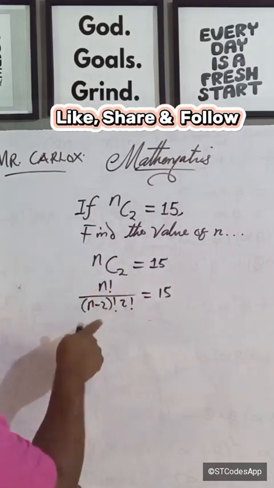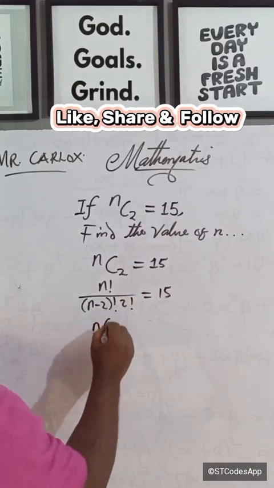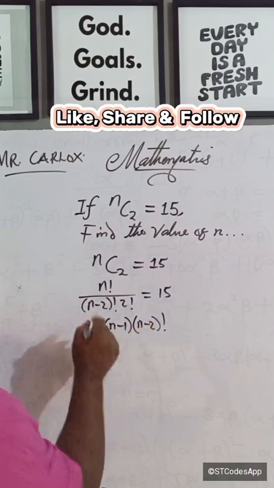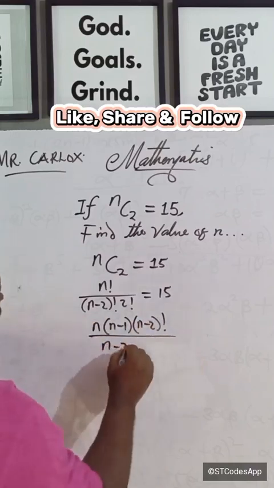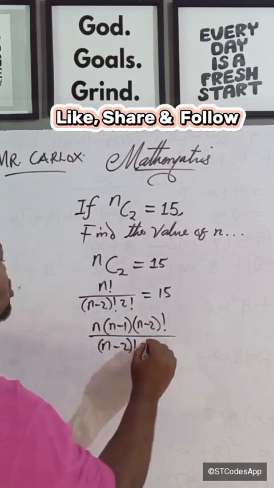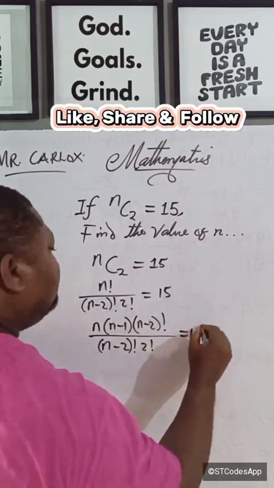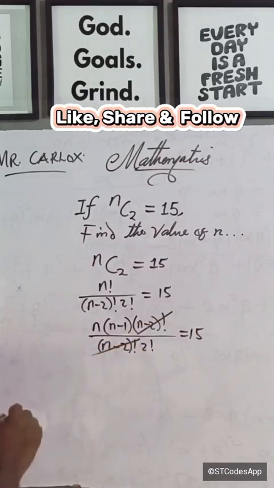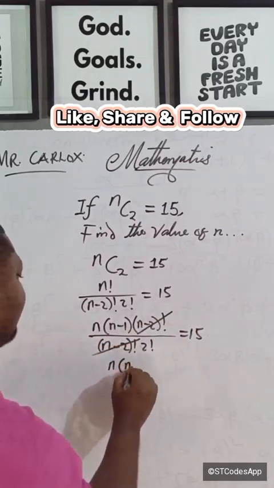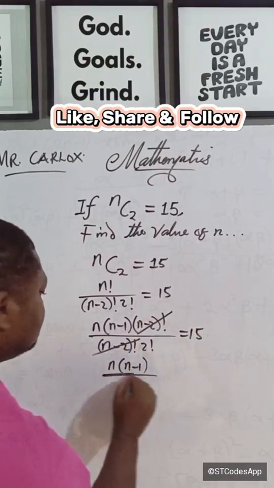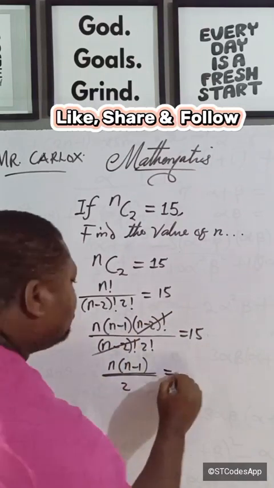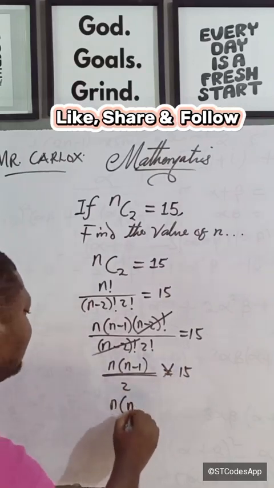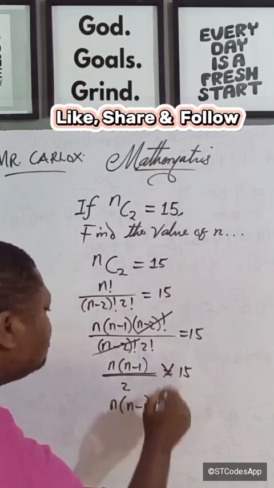Because I have 2 here, I have n times (n minus 1) times (n minus 2) factorial, all over (n minus 2) factorial times 2 factorial, equal to 15. If you observe, this one takes care of this, so I'll be left with n times (n minus 1) all over 2 factorial, which is still 2, equal to 15. So let's now multiply, and we have n times (n minus 1) is equal to 30.